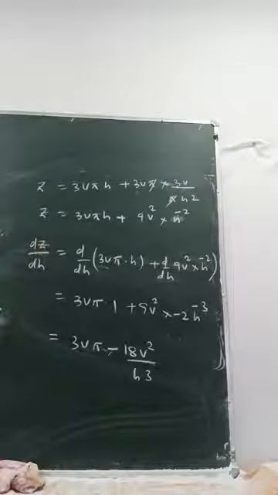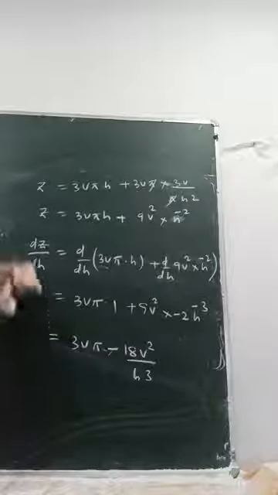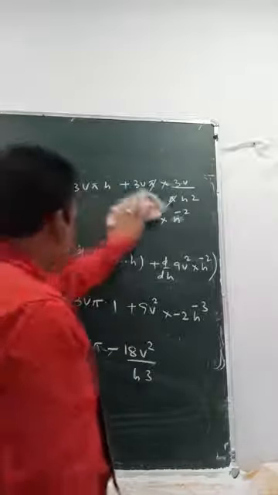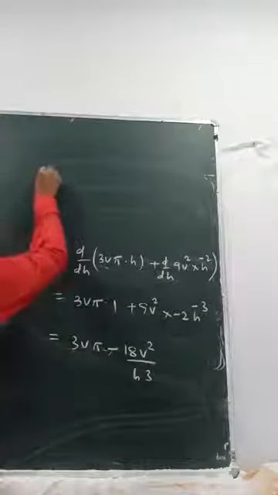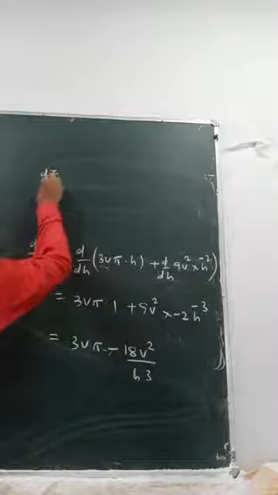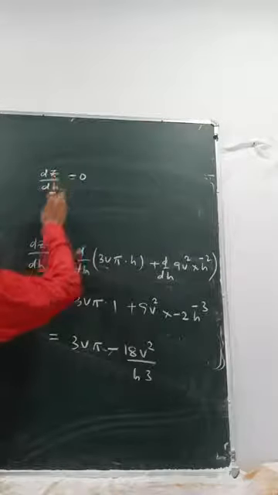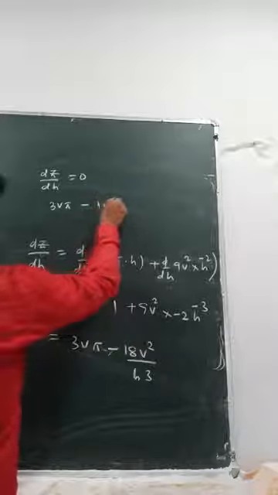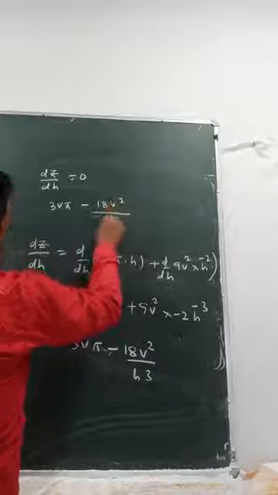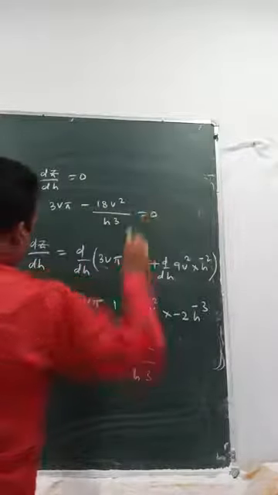Okay, now let's put dz by dh equals to 0. 3v pi minus 18v square by h cube equals to 0.